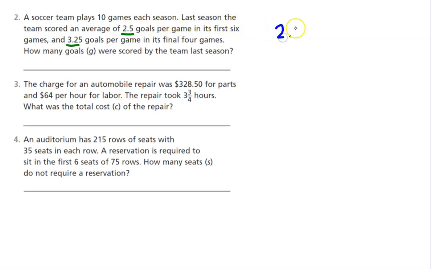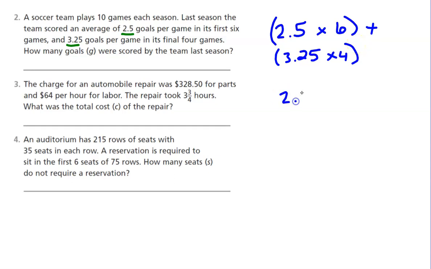So that's going to be, they scored an average of 2.5 goals in 6 games. And then it says they scored 3.25 goals as an average in their last 4 games. And then they want to know how many goals were scored altogether. So it looks like we're going to add those 2 problems together. So let's go ahead and solve them.